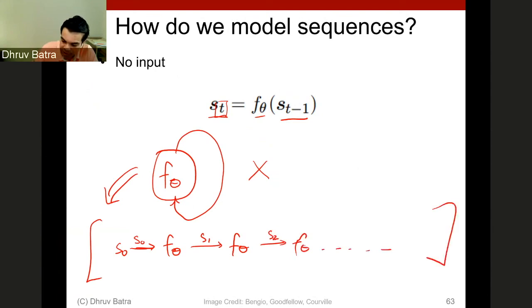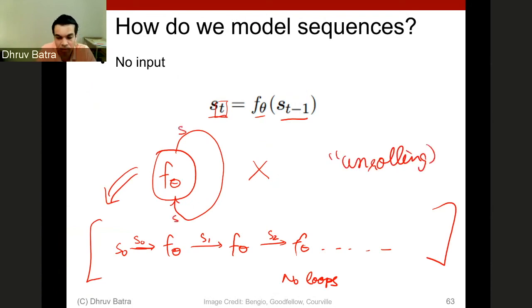So what we've done is we have expressed a graph that should have loops as a graph that does not have loops. There are no loops in this bottom graph, and this is a notion of unrolling. We introduced a notion of time. We indexed, so instead of saying S is both the output and the input to f theta, we just indexed with time, and we were able to unroll. And this unrolled graph has a finite length, but does not have any directed cycles.